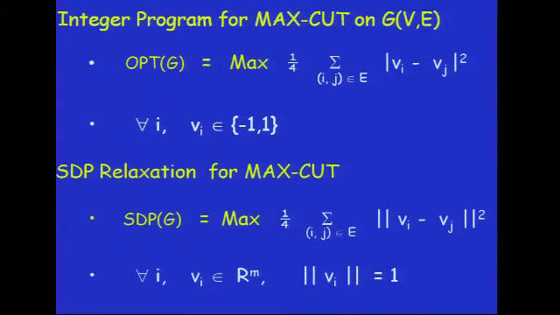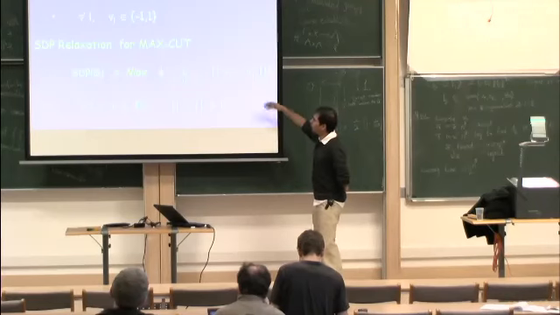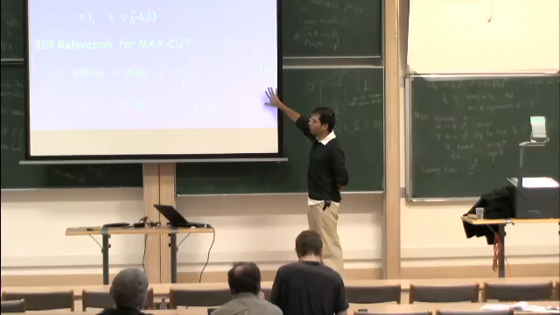So in particular, +1 -1 is a special case, right, where you have two vectors in opposite directions. Right? And you write down the same program again. Now these v_i are allowed to be unit vectors, and then you maximize the same thing. So instead of absolute values, you take the L2 norm squared. And the point is that this program can be solved essentially in polynomial time, up to arbitrary degree of accuracy. So this you can solve.